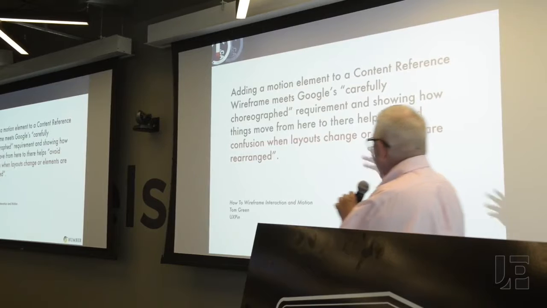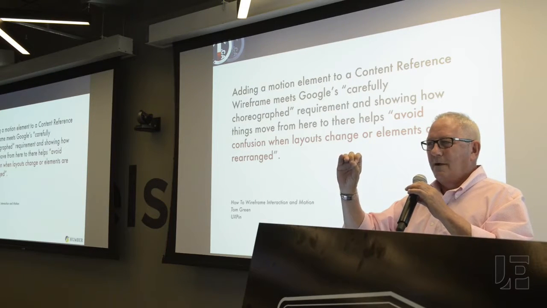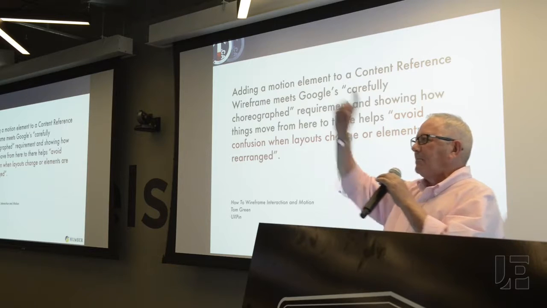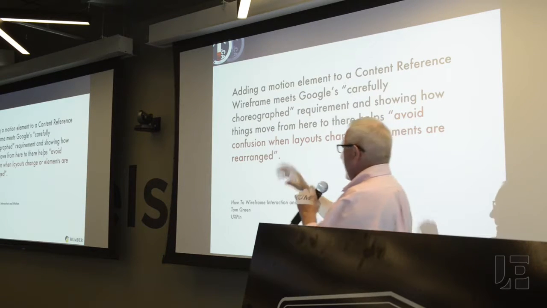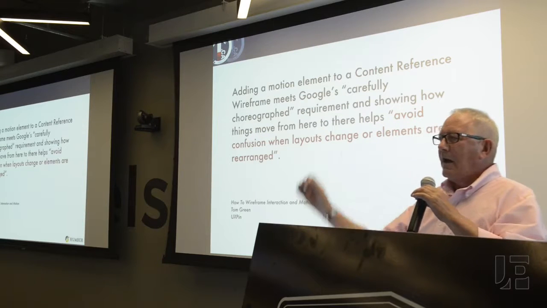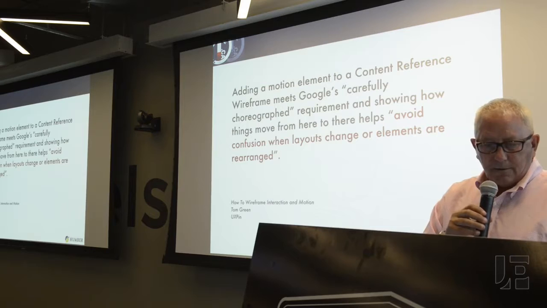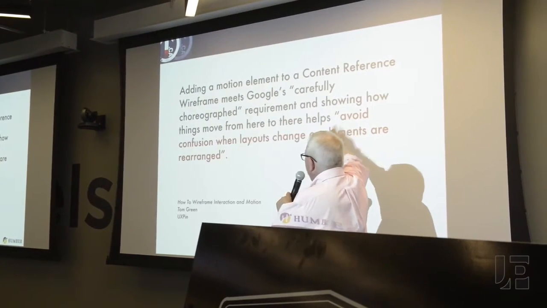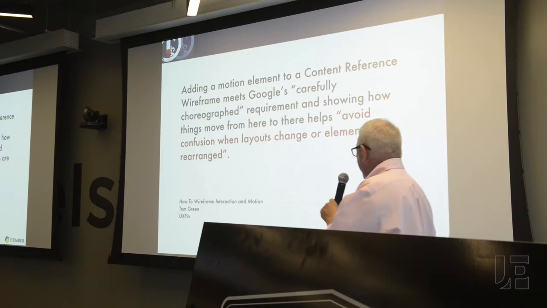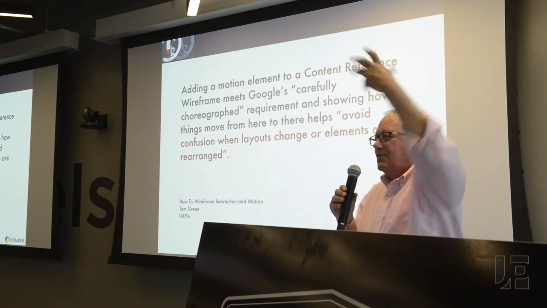But what you can do with these things is start your ideas then. When we move between this page and this page, we've got the transition. Here's how long it takes. Here's what happens. But it's a box moving. And you can tweak it. You can play with the time. And it also, as I say here, helps avoid confusion when layouts change or elements are rearranged. In other words, it's just boxes.